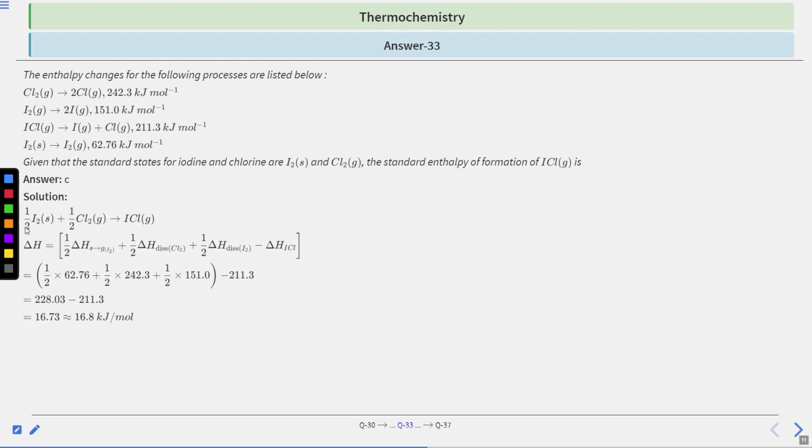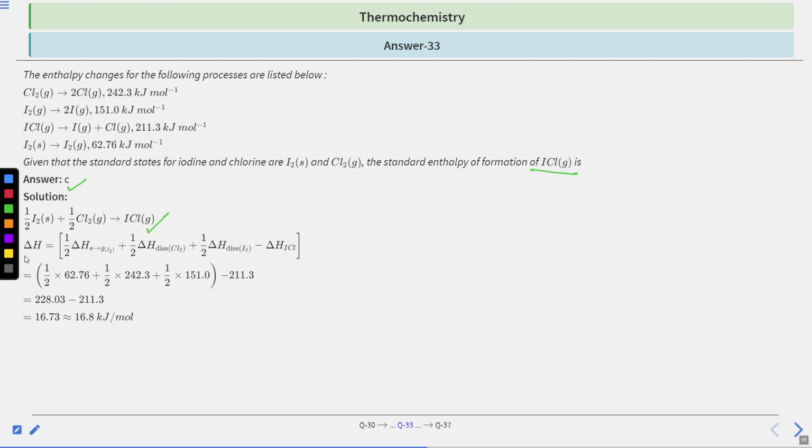Okay, so the correct answer will be option C. For the standard enthalpy of formation of gaseous ICl, we have to follow this reaction. That is, half of I2 molecule plus half of Cl2 molecule will give you ICl molecule in the gaseous state, right?